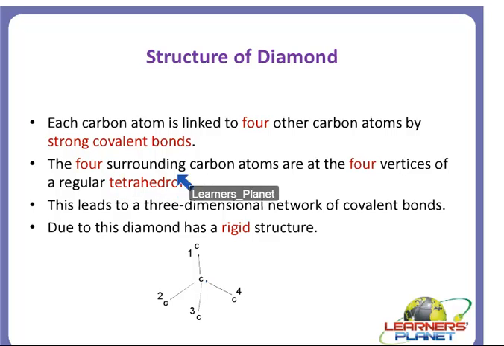The 4 surrounding carbon atoms are at the 4 vertices of a regular tetrahedron. Now here children, if I join these lines, what will I get? I'll get a regular tetrahedron. Say I join C2 to C3, again C3 to C4, and C1 to C4.